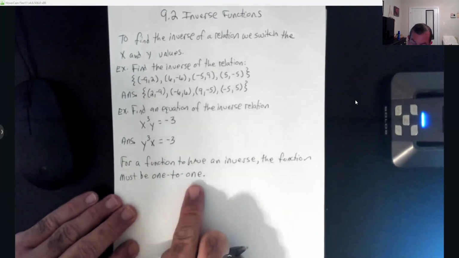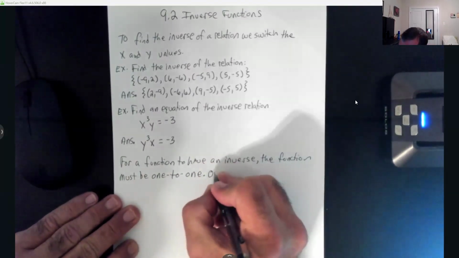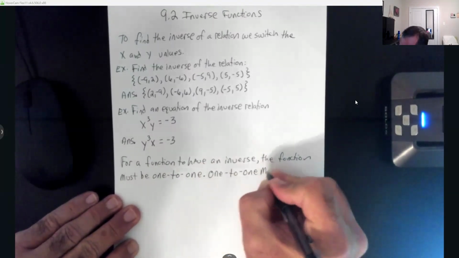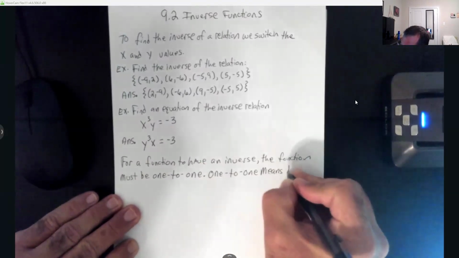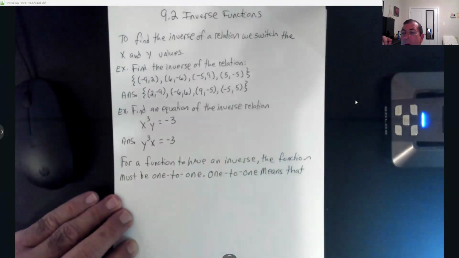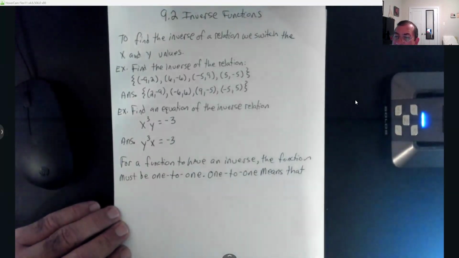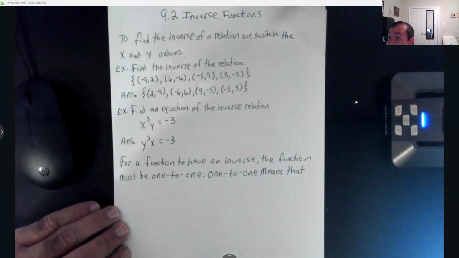Now, what 1-to-1 means is, do you remember on the functions, we said in order to be a function, all the x values could only have one y value?